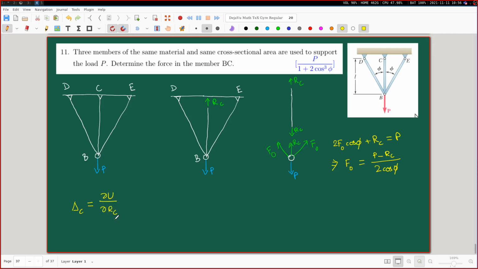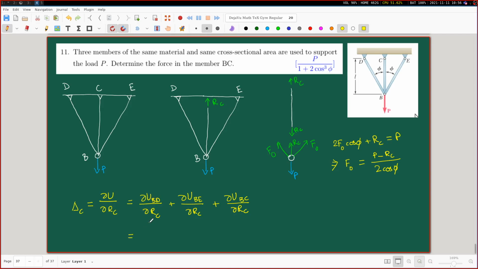That I have to partially derive with respect to RC. And now this is del U BD del RC plus del U BE del RC plus del U BC del RC.